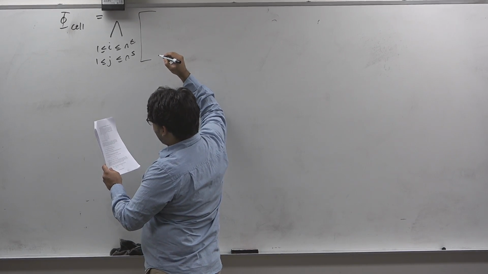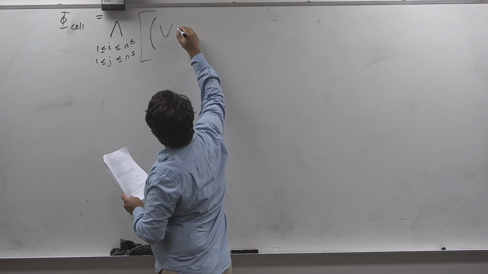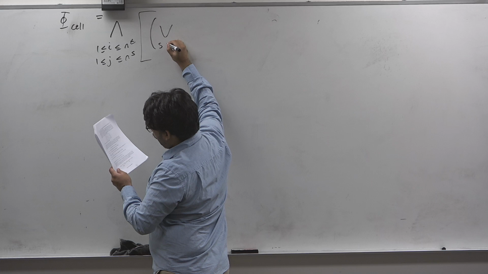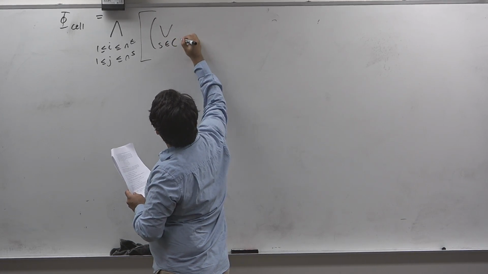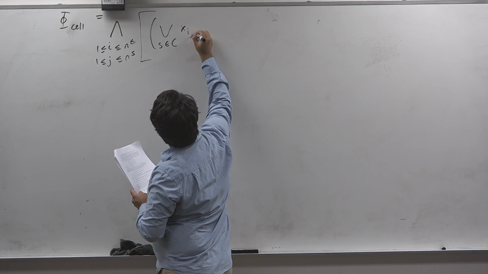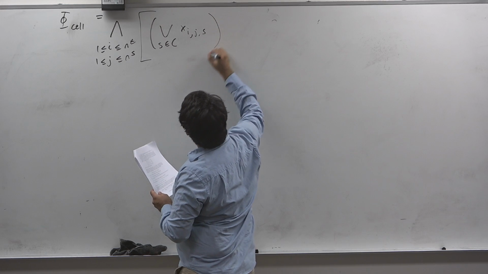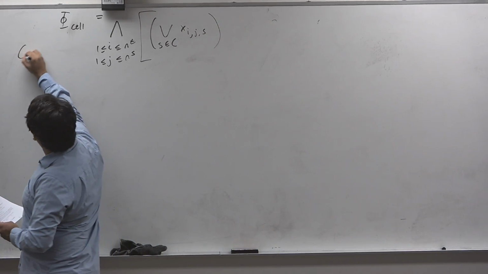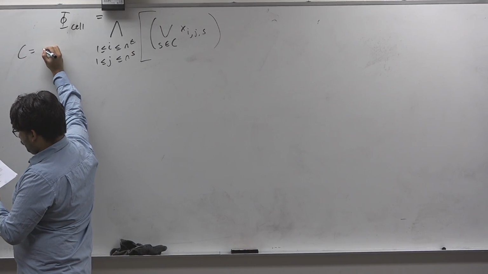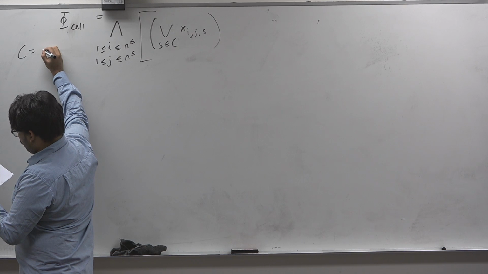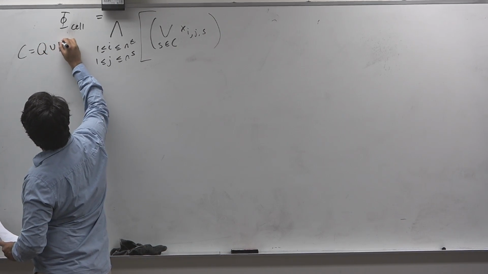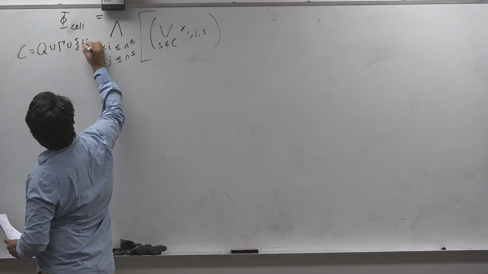First, we ensure that for all symbols, for x i, j, comma s, at least some of them is on. Where c is equal to, let's say, what did I say this was? Q or hash or a tape symbol, right?